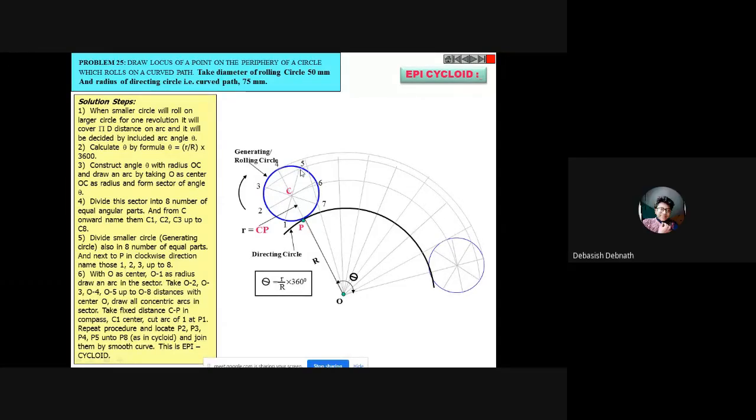Should pass, because if you have divided this circle into 8 equal parts, then 3 and 5 should lie on the same arc line, and I am drawing the arc up to theta.